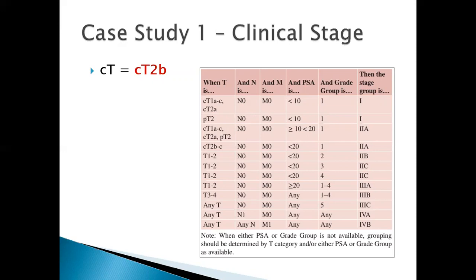So a prostate tumor that is more than half of that side, because it occupied most of the left side, so most of the left side is more than half. So that would be a clinical T2b.